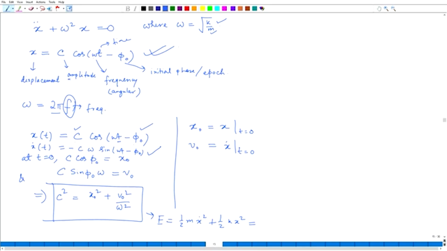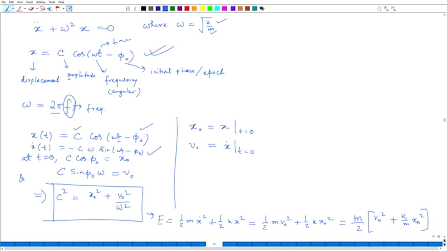Okay. And that is why I can also write this is exactly equal to half m v 0 square plus half k x 0 square. And then I take m by 2 over here, so that I have v 0 square plus k by m x 0 square.